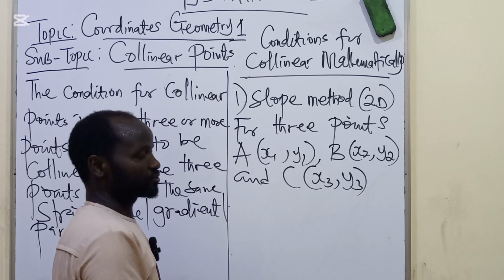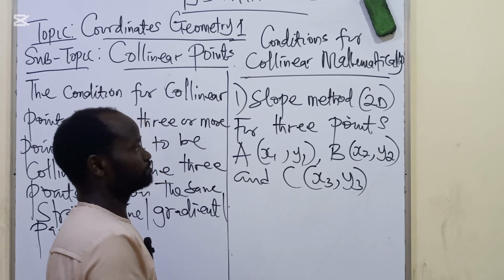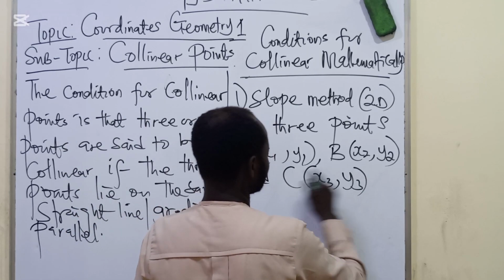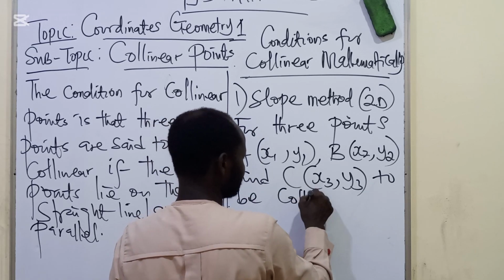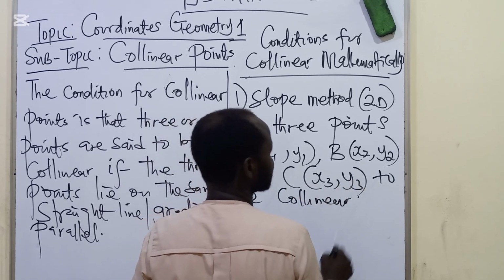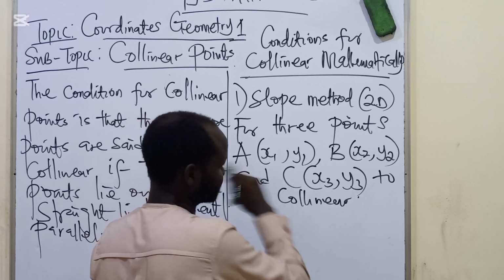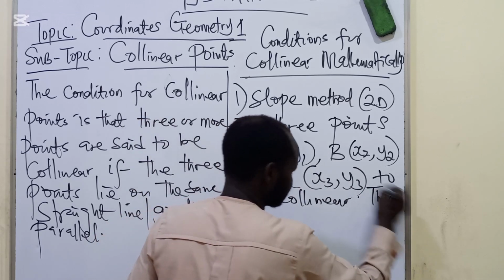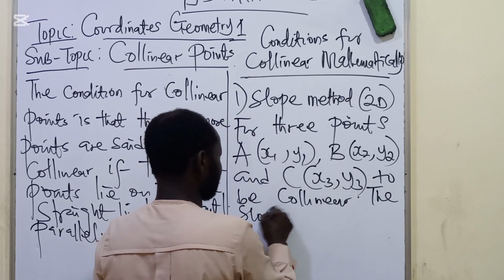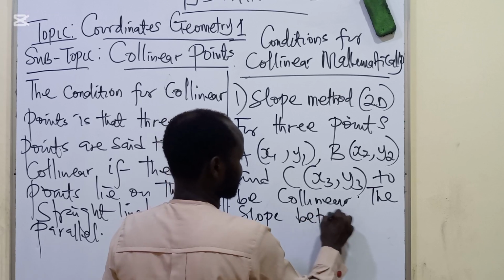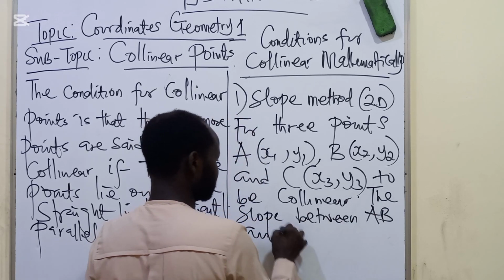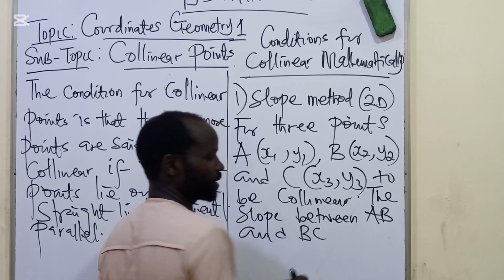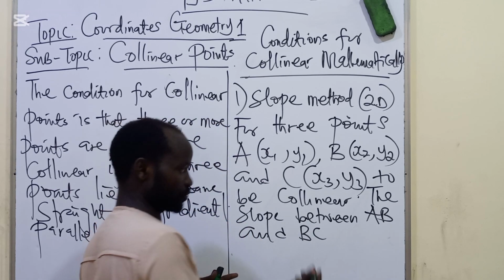For these 3 points to be collinear, the slope between AB and BC must be equal.